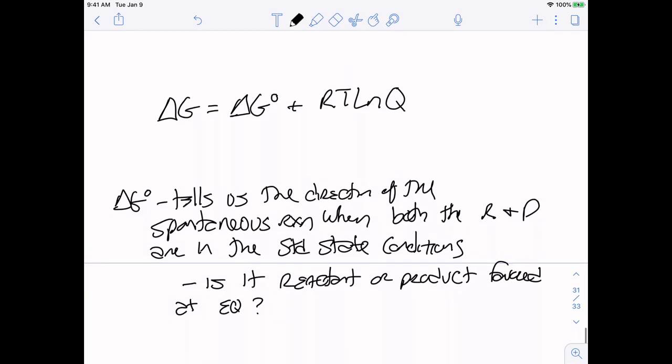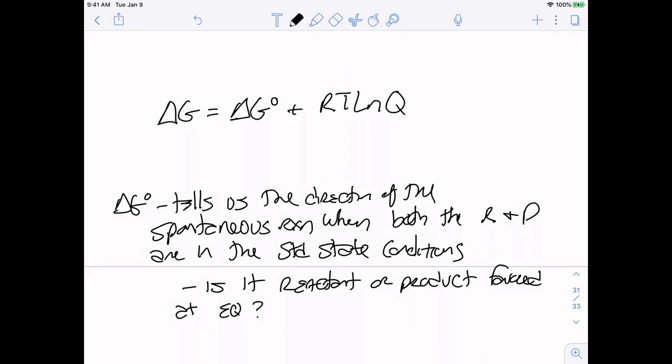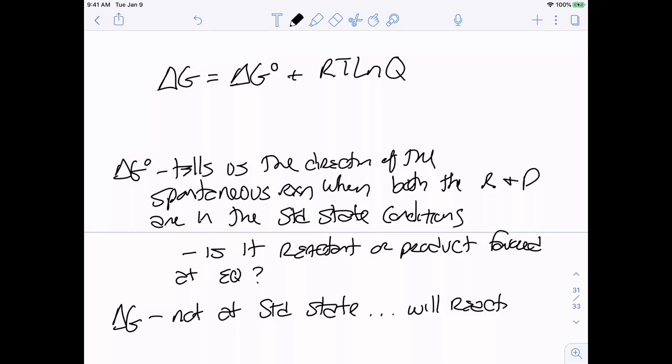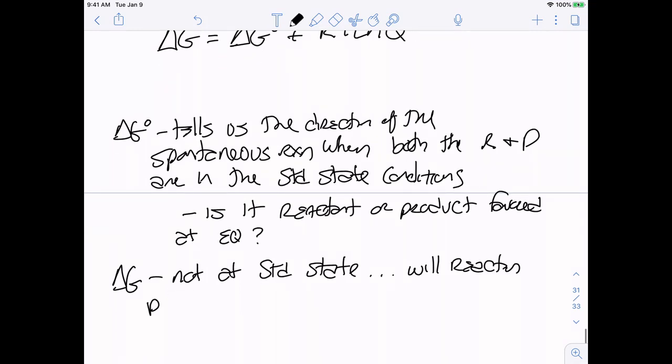Delta G, when it's not at standard state, we're going to use that to determine spontaneity, whether the reaction is moving forward or reverse to reach equilibrium. And then, will the reaction proceed forward or reverse to reach equilibrium?